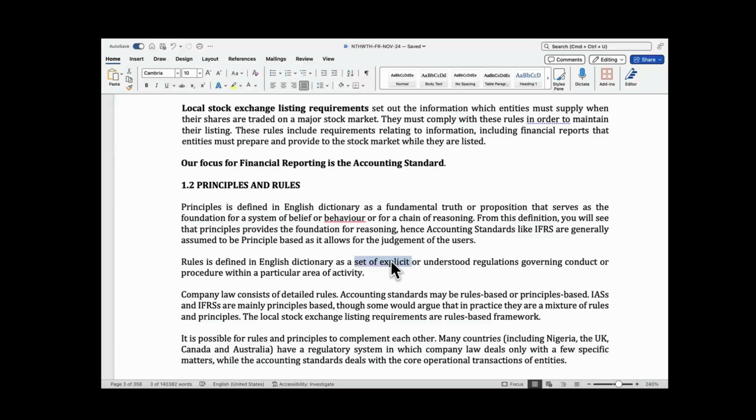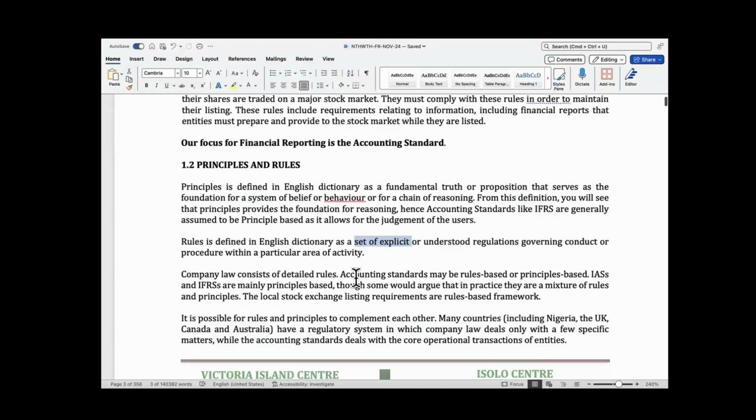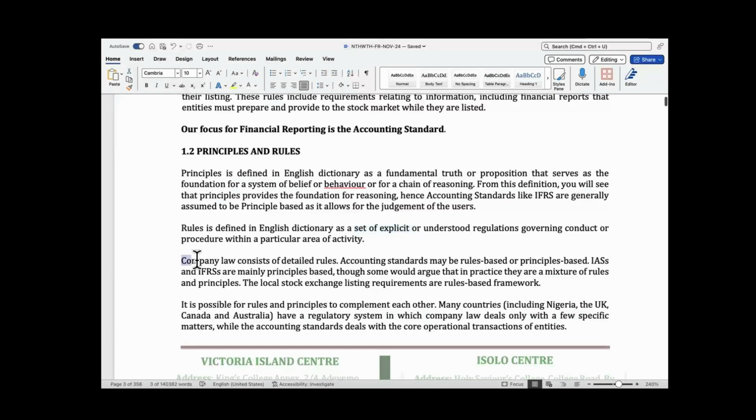So principle and rule are not the same. Now, you need to understand that this gap that we mentioned, which is accounting standard, company law, and local stock exchange listing requirements, from the way I've explained, company law is rule-based. It says do this, do that.